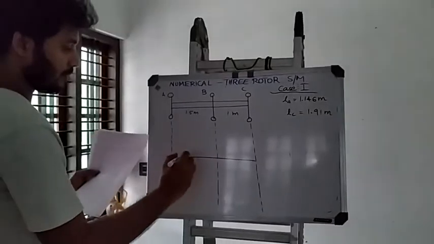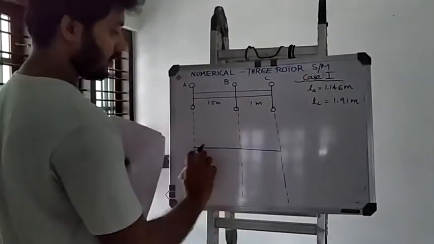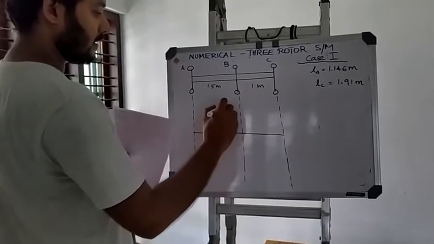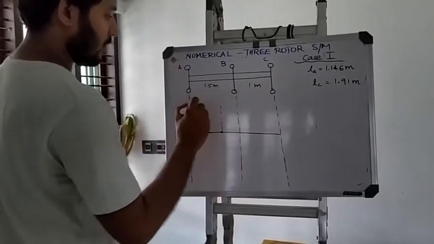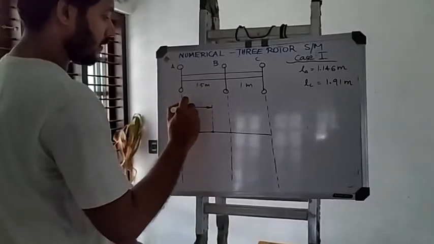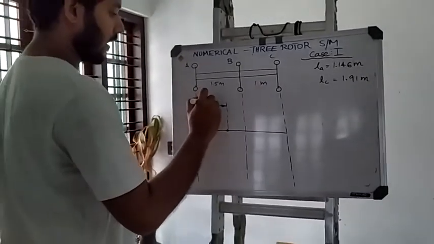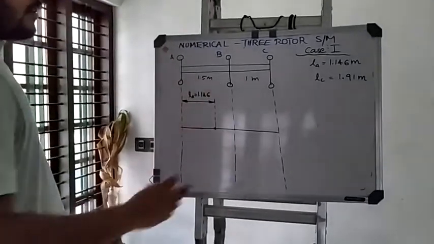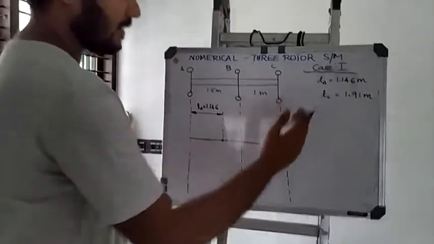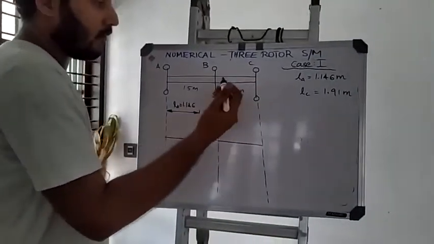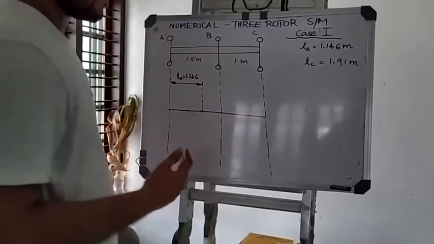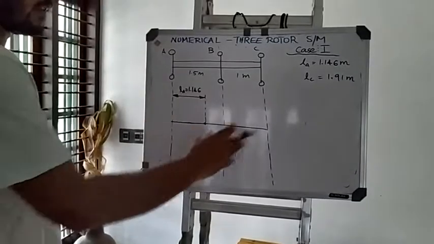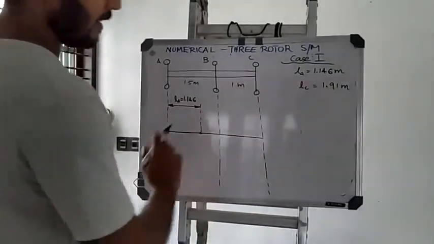Okay. Now let us represent, this is 1.146, total distance is 1.5. So let us represent 1.146 somewhat here. So let this distance be LA equal to 1.146. Now LC is 1.91. What was LC? Distance of the node between B and C from C. Now B and C have a distance between them of 1 meter, but 1.91 is exceeding 1 meter.